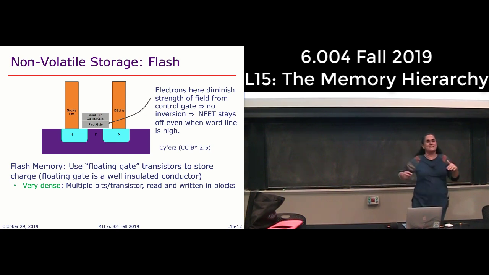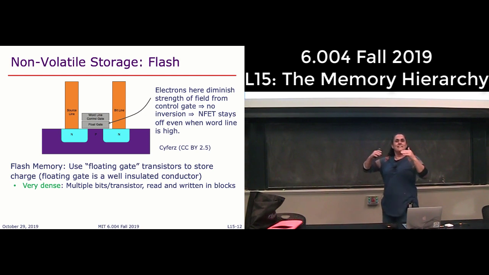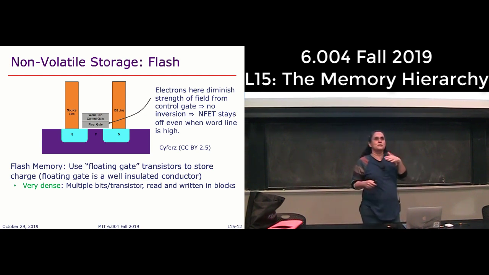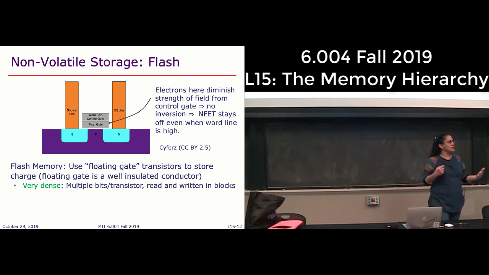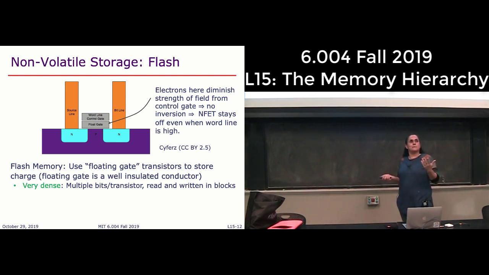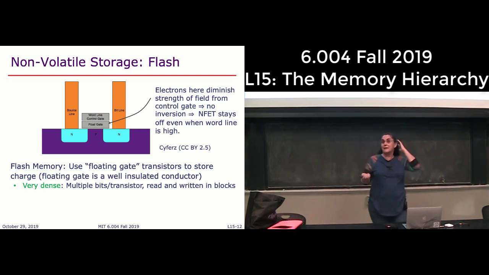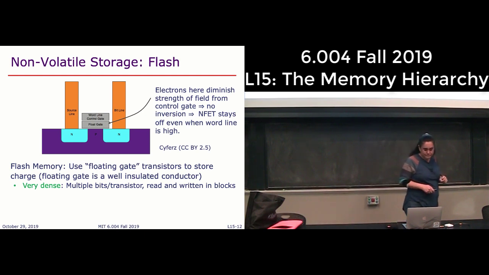If I have a lot of charge on there, then I'm going to get a very small current, whereas if I had just a little bit of charge, then I'm going to get a larger current, and so I can have that represent different values within the same bit.